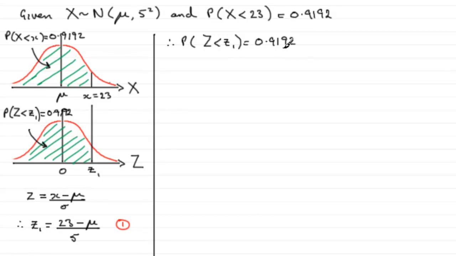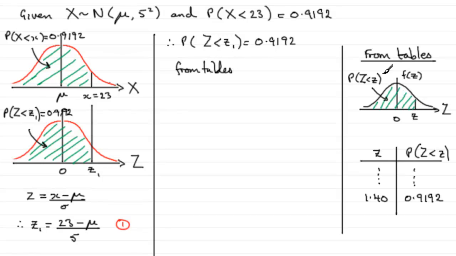And we have to go back to our tables. So from tables, let's just draw up the tables. You should have a set of tables that look something like this, where they give you the tabulated values of a probability being less than a given z value.